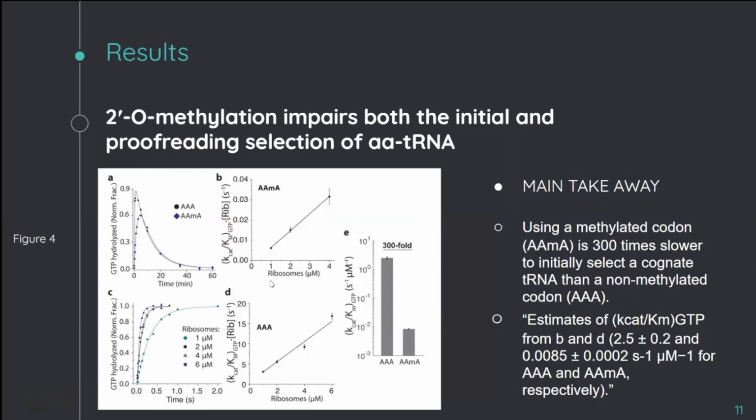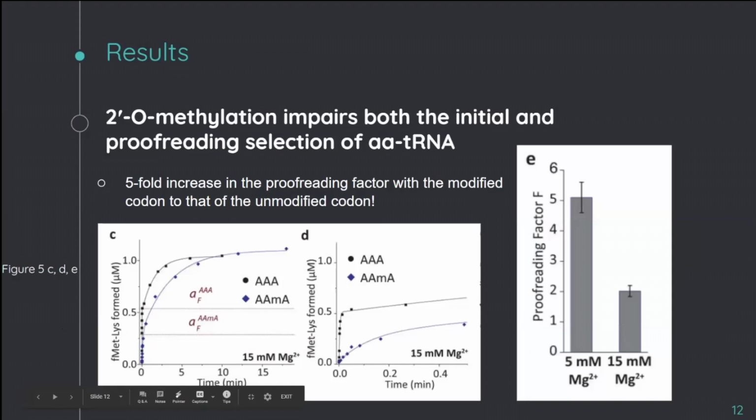And figure 4B and D is a ribosomal titration, and that is to determine the catalytic efficiency of GTP hydrolysis under conditions where the non-methylated codon is in the A site versus the methylated codon being in the A site. And what they found was if you have a methylated codon in the A site, then GTP hydrolysis is slowed by 300 times, and the actual results are down here in the bottom right.